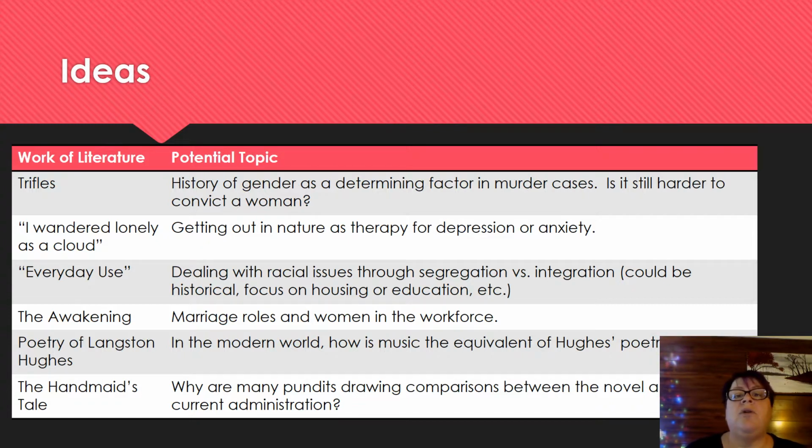Could be historical, focus on housing or education, etc. The Awakening: marriage roles and women in the workforce. Poetry of Langston Hughes: in the modern world, how is music the equivalent of Hughes's poetry? The Handmaid's Tale: why are many pundits drawing comparisons between the novel and the current administration?